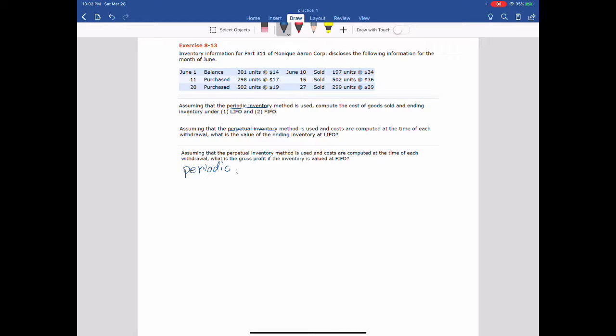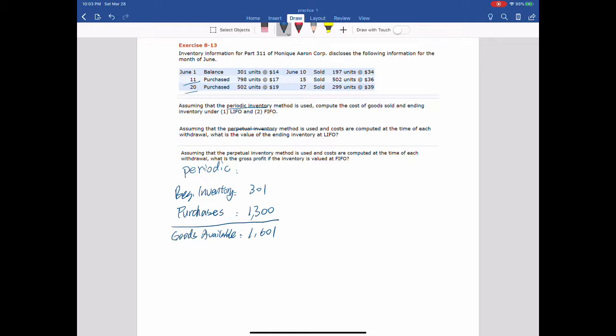This firm has a balance on June 1st. The number of units is 301, so this is considered the beginning balance. There are two purchases, one on June 11th and the other on June 20th. The number of units for the two purchases is 1,300. So the number of units available is 1,601.